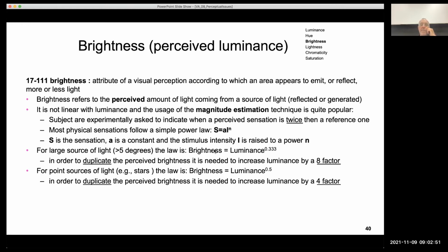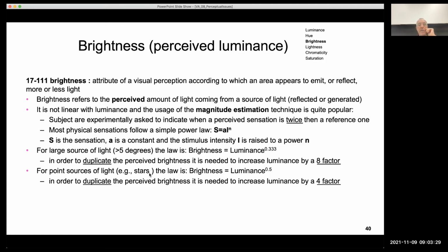And with some experiments, we found that if you are using a large source of light, greater than 5 degrees, like the screen, for instance, the screen that you have in front of you now, the formula is that the brightness, your perception, is equal to the luminance raised to 1/3. That means that if you want to double the perception of brightness, you have to increase the luminance by 8 times.